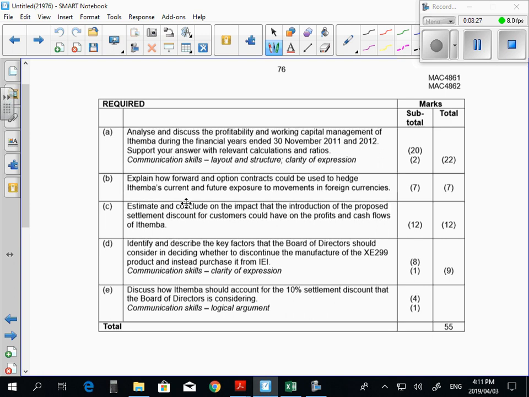Are you guys comfortable? Okay, so here's the thing, guys. When you're doing ratio questions for profitability and for working capital management, my suggestion to you from an exam technique perspective is calculate all the ratios first. Is that all right? So now, you've got this thing where it says clarity of expression, layout, and structure.